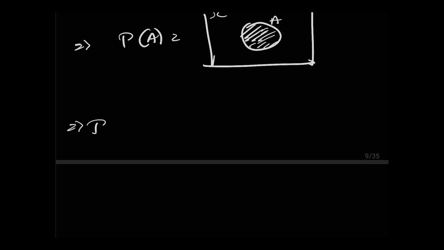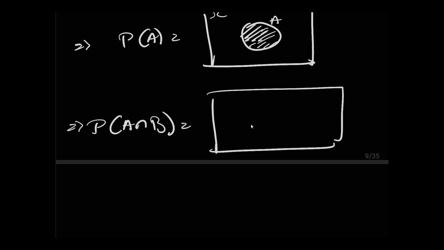And probability of A intersection B will be this, the shaded part.